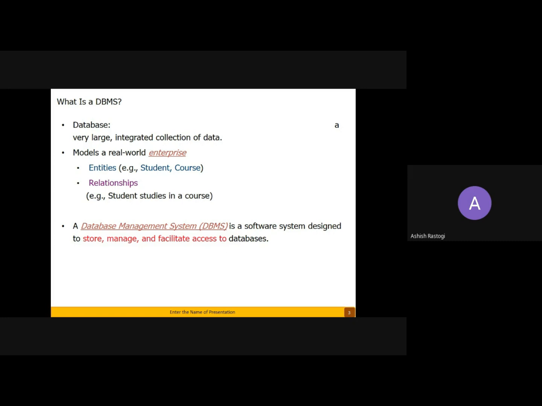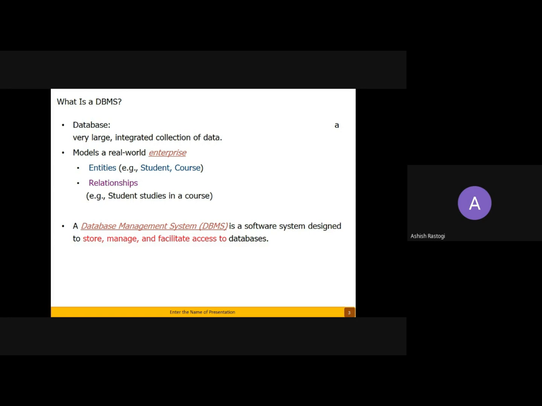So we need a particular software that manages the database. Just like if you want to create a document, then you need a particular software like MS Word. If you want to create a table or do some analysis, then you adopt Excel for that, and PowerPoint for the presentation also.